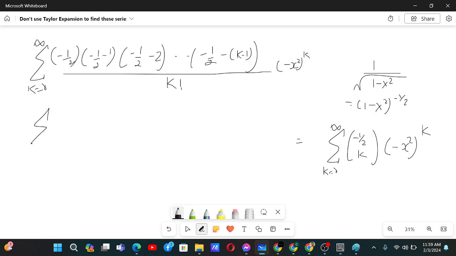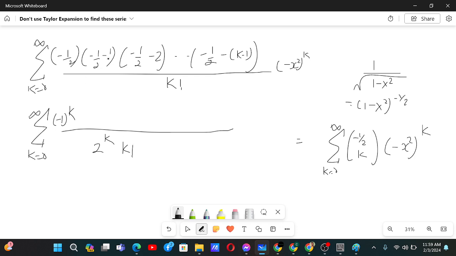Now we can neatly write this in the following way. Since there are k terms, we can take minus 1 common from each of them, and we get minus 1 to the power k. Then we can take 2 in the denominators. We have k terms, so 2 to the power k will be there.